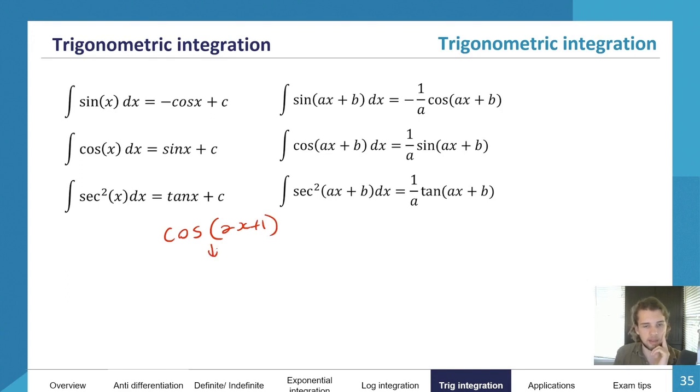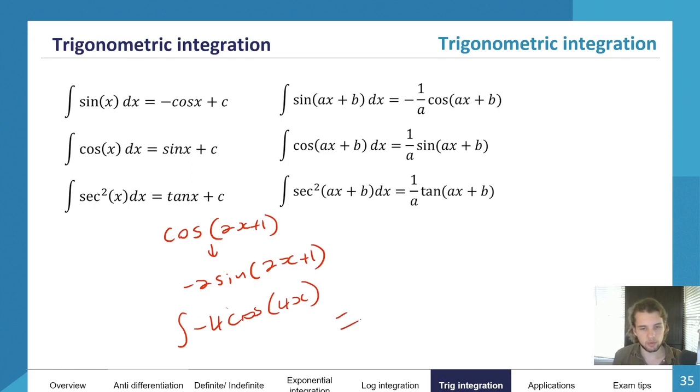If we derive that down, that would be negative 2 sine 2x plus 1. So based on this being a very consistent process, we can also say, let's say we had to integrate negative 4 cos 4x, we would then find out that that is equal to negative sine 4x.